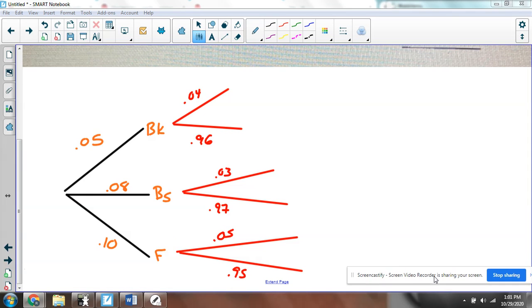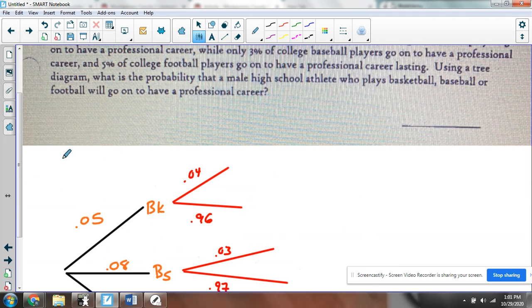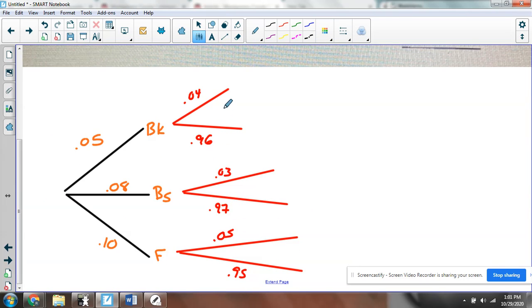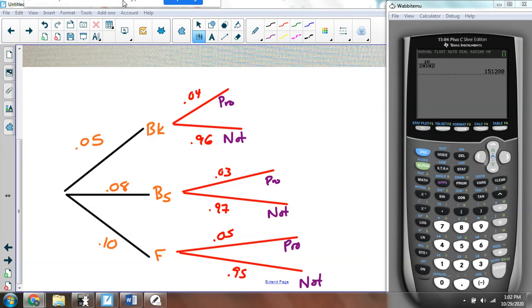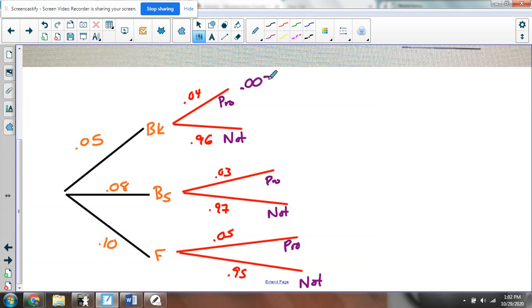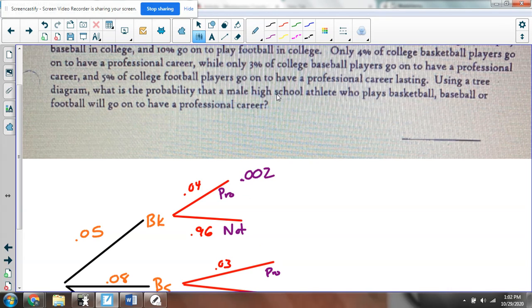So to get the final probabilities of being a professional, we have to multiply. Let me label this better. This is pro, not pro, pro, not. So to get the final probabilities, we're going to take 0.05 times 0.04. This is 0.002. It just wants the probability that a male high school athlete who plays basketball, baseball, or football will go on.